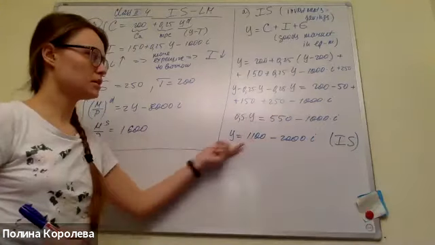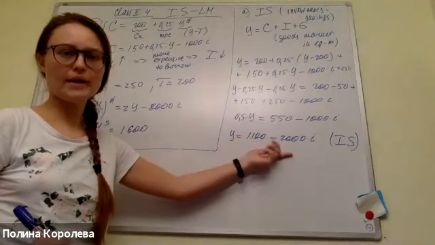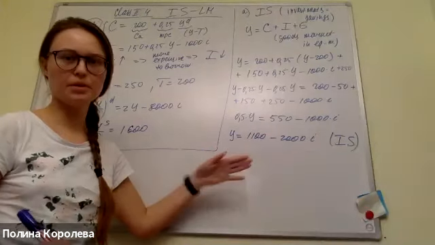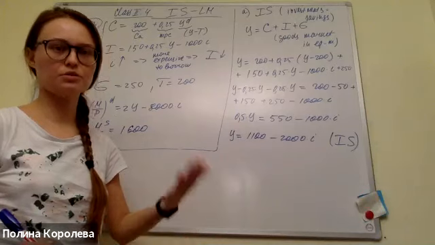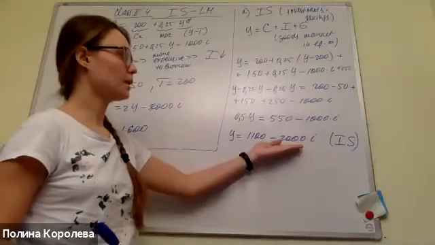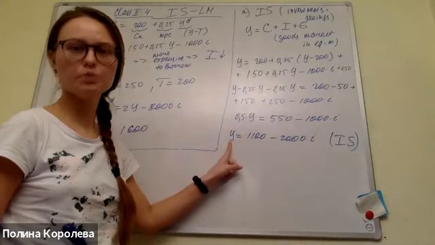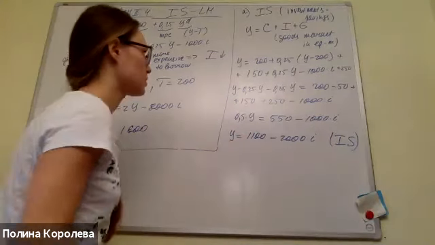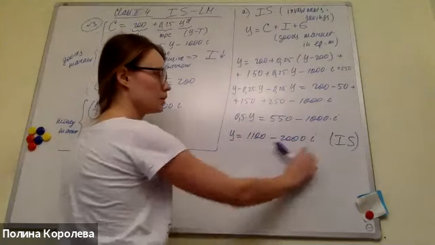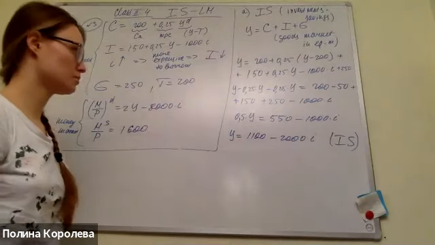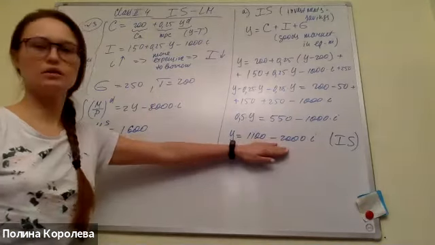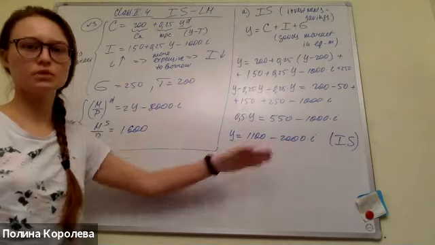You see that it has a negative slope, as investments, as a part of GDP, are negatively connected with interest rate. The higher the interest rate, the lower the equilibrium GDP in the goods market. And we can draw the graph. It's a linear function with negative slope. Let's draw.